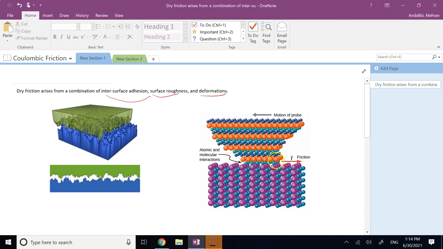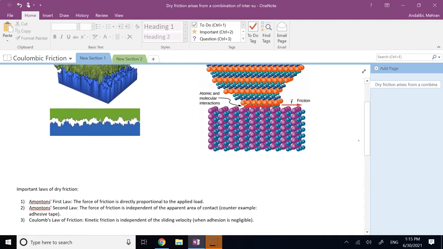So there are some molecular bonds formed here between the layers of the top and the bottom object, as you can see. And these molecular bonds, or surface adhesion, are another thing that resists the relative motion of the two parts, because you have to break those bonds. So it's a combination of the two that we study.